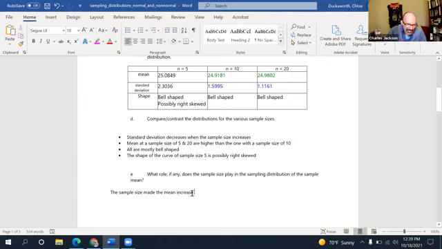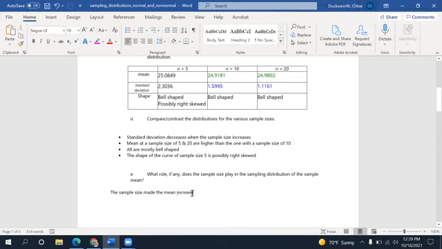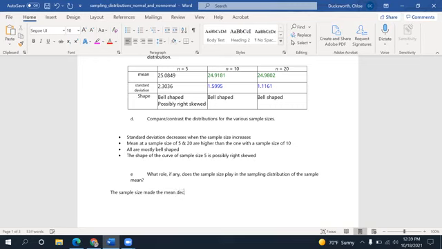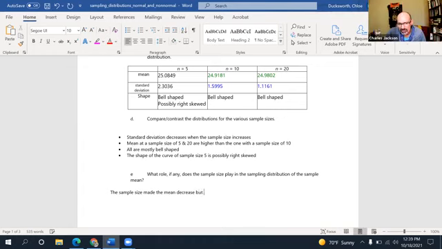I wouldn't say the sample size. I was just looking at how the sample size made the mean increase when it went from 10 to 20. I mean, that's true. The sample size made the mean decrease when the sample size went from 5 to 10.